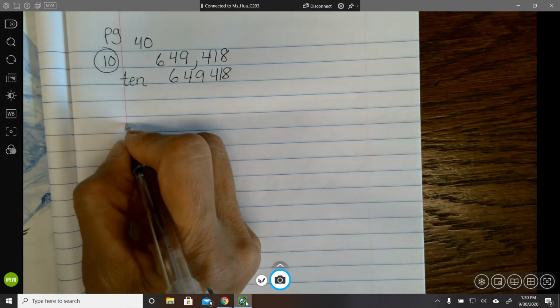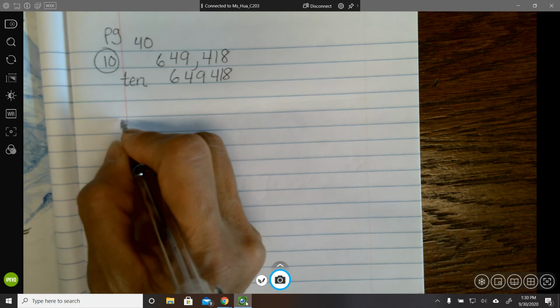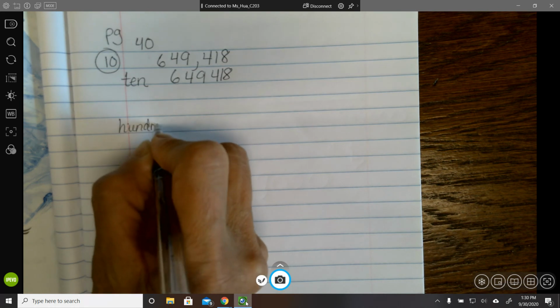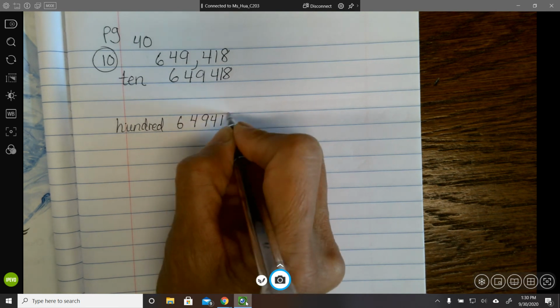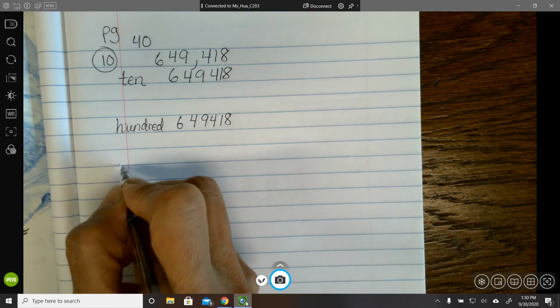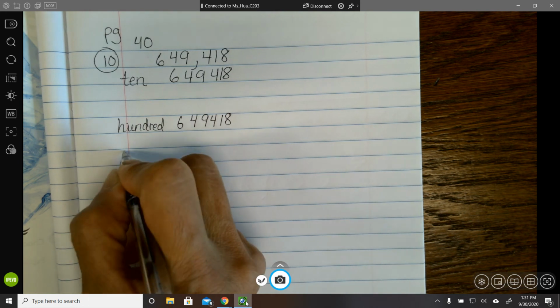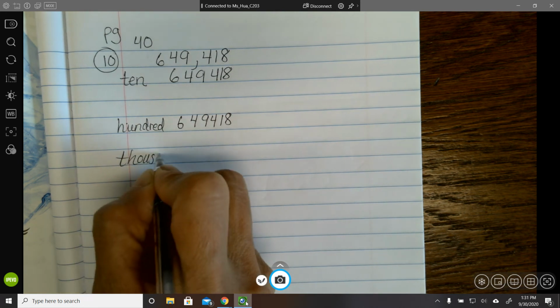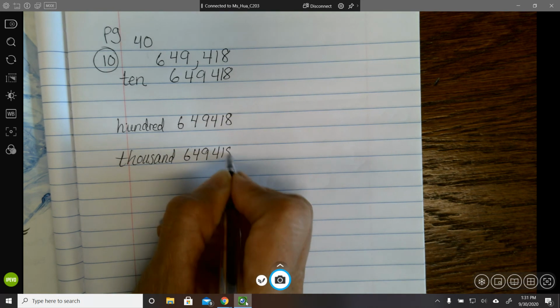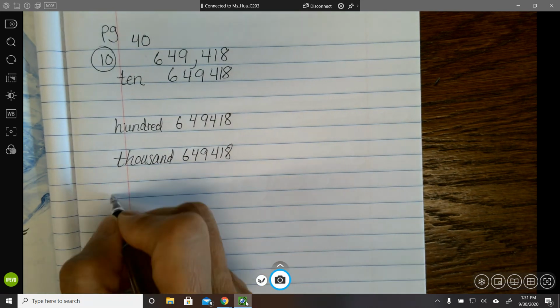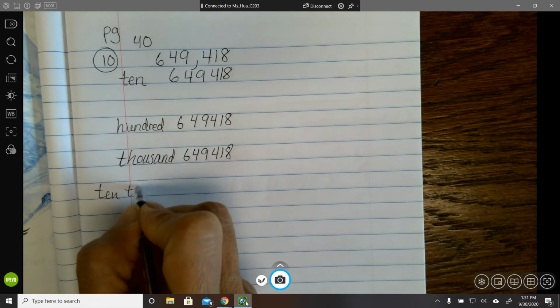All right, the next one, it says round to the nearest 100 with the same number. The next one, it says round it to the nearest 1,000. The next one after that is 10,000.